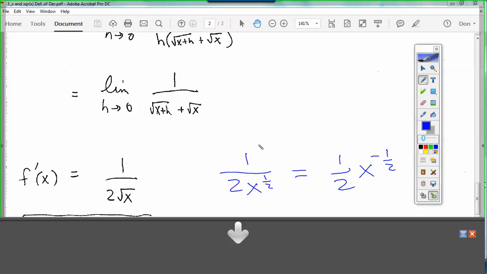Now again, this is the derivative right here. This is f prime. What was our original function f? Which of course is another way of saying x to the 1/2. Well, what's the power rule say about that? You bring the 1/2 down in front, you drop the power by 1, voila, there it is, right? So it's no surprise that we got what we got, because we've got this new thing called the power rule, which kind of told us that's what we should end up getting.